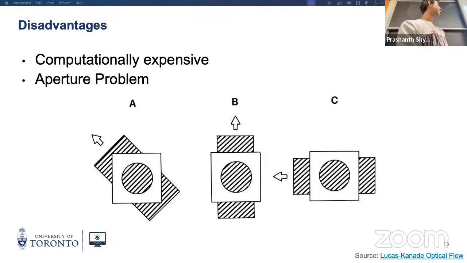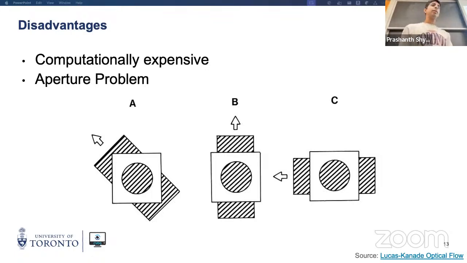Are they moving up or angled, or are they moving sideways? Because these are technically just edges. So we cannot solve for motion in this case, which is why we need to have corners. And with the corners, we can get the condition from the previous slide and solve for that.